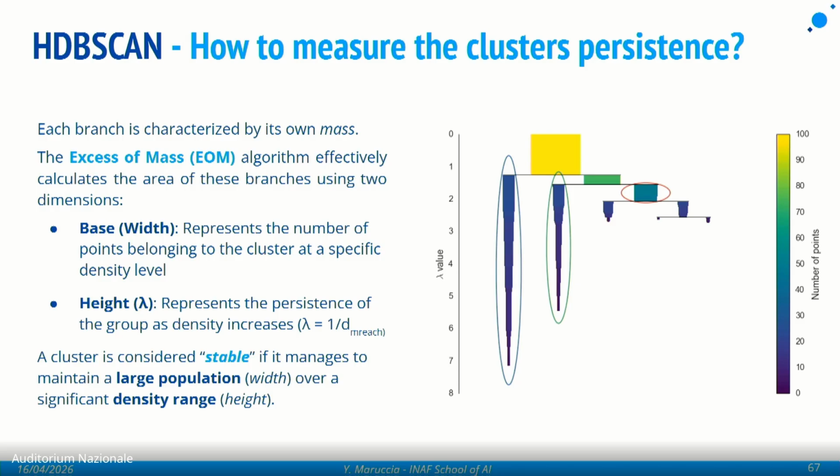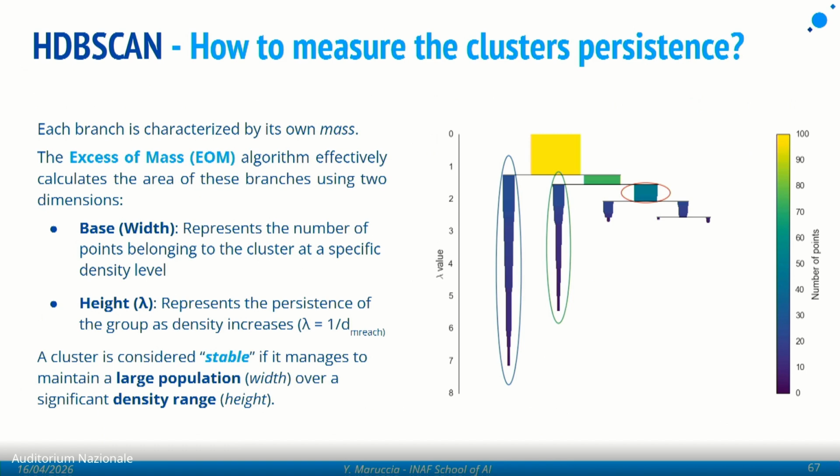And the height, that is lambda, that represents the persistence. The first question I asked before was, how persistent must a group be to be considered a cluster? And this is given by the height of these groups, that is given by the inverse of the mutual reachability distance.